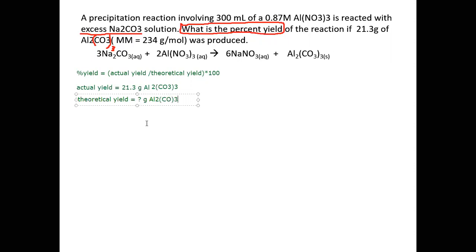So now we have to use the other information given in the problem to solve for the theoretical yield of aluminum carbonate. What we're given is the volume and concentration of aluminum nitrate. So from the volume and molarity of aluminum nitrate, we're going to find moles of aluminum nitrate. And then we're going to find moles of aluminum carbonate.